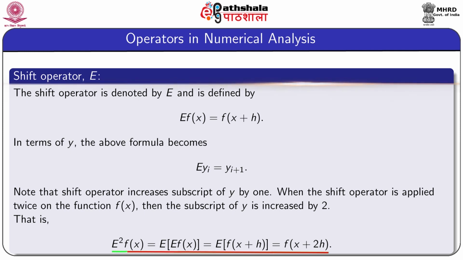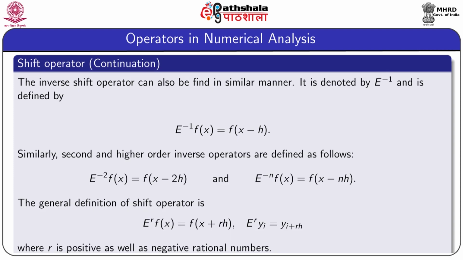That means E2 f(x) equal to E of E f(x), and after simplification this becomes f(x plus 2h). In general, we can write E to the power n of f(x) equal to f(x plus nh). We shall also define another operator called the inverse shift operator, denoted by E to the power minus 1 and defined by E to the power minus 1 f(x) equal to f(x minus h).